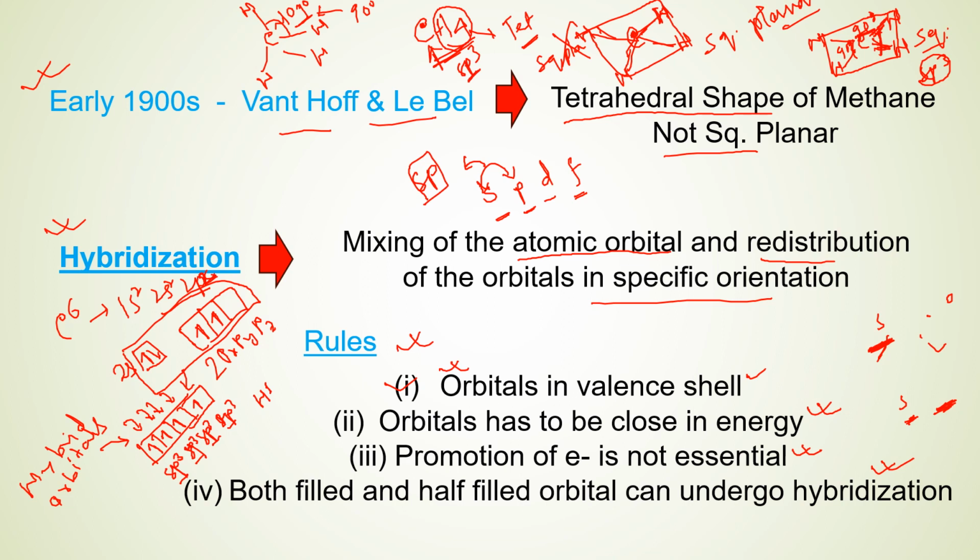Each hydrogen will give 1 electron to each of these orbitals, and it will make the compound CH4, which has a tetrahedral geometry. So in CH4, the hybridization of carbon is sp3. This is basically the hybridization.